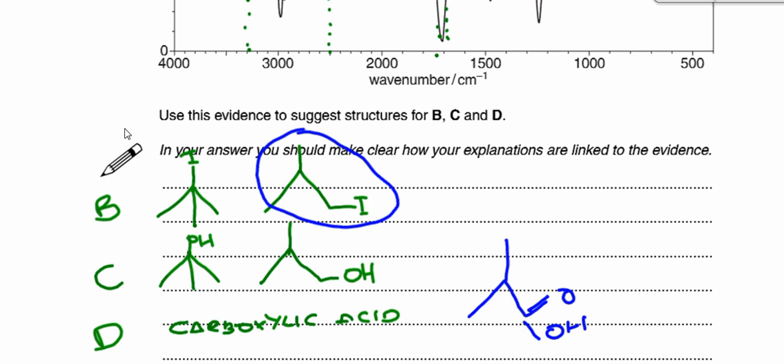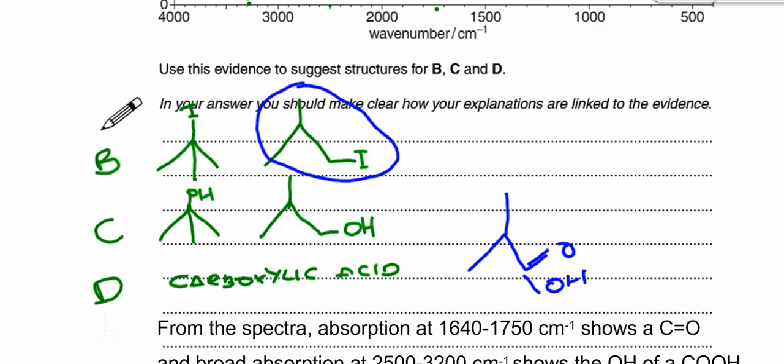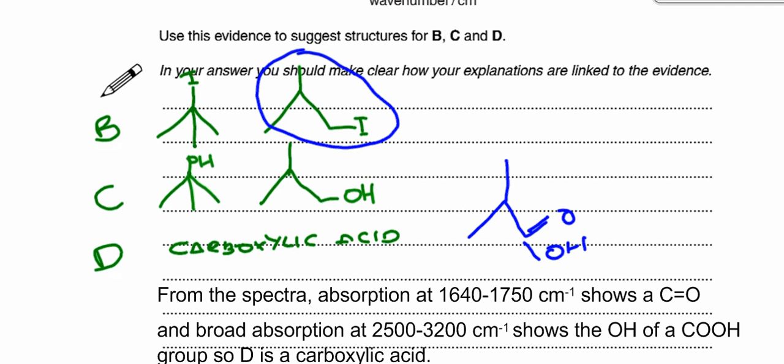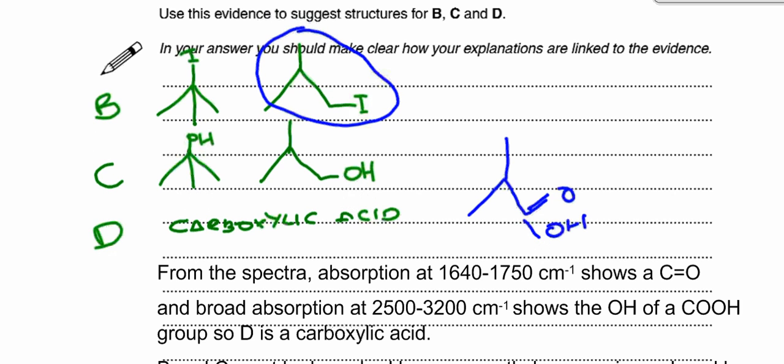Now, because I've got this pencil here, and it asks me to link the evidence to my explanations, this is how I'd go about writing my answer. So I've identified my 3 isomers, which would be a mark each. I then say, from the spectra, I identify wave number, bond, and that the group must be a carboxylic acid.